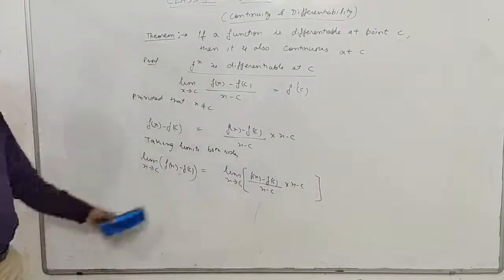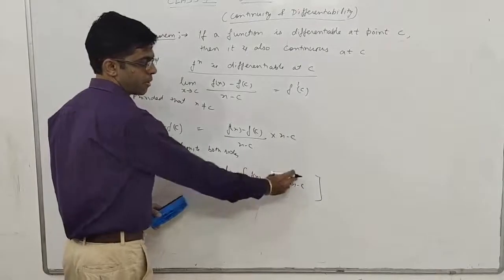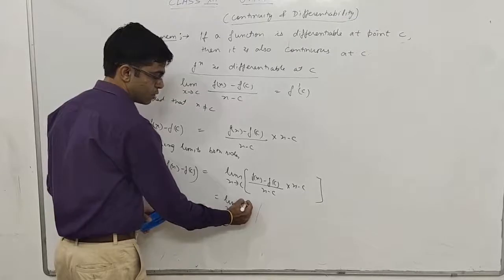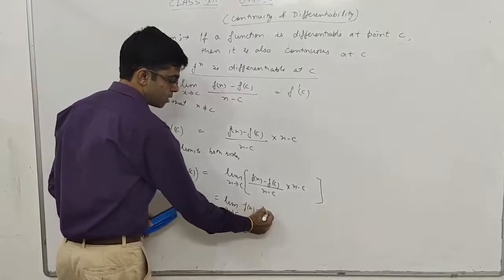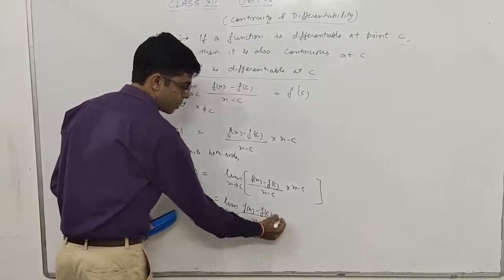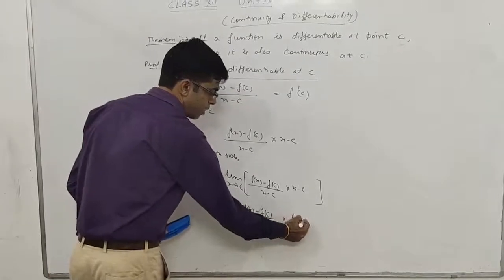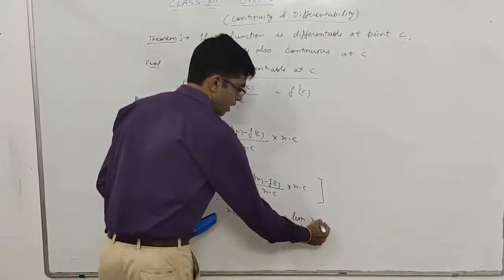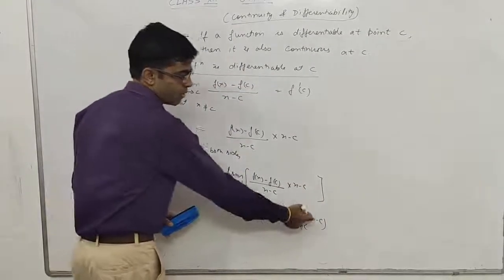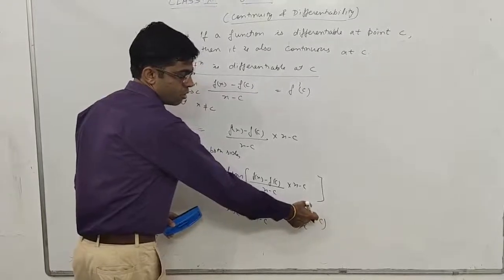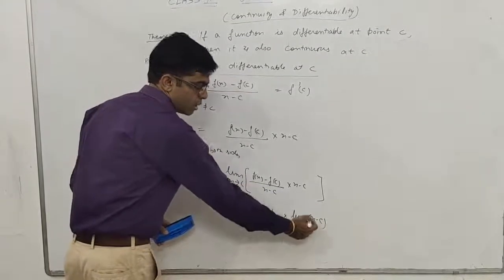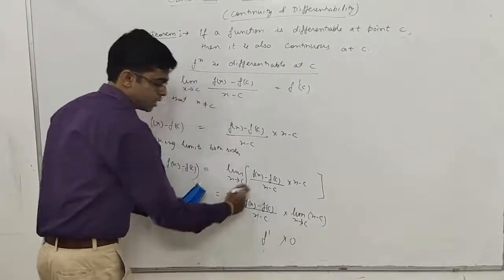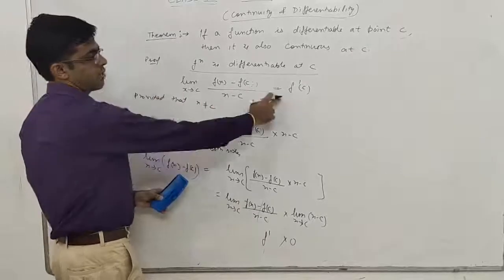Now the algebra of limits says that this limit will be given to both the functions. So this is limit x approaches to c f(x) minus f(c) upon x minus c multiply limit x approaches to c x minus c. Now when you are giving the limit in this, this is c minus c is 0, and 0 multiplied by what is this? This is f dash c.